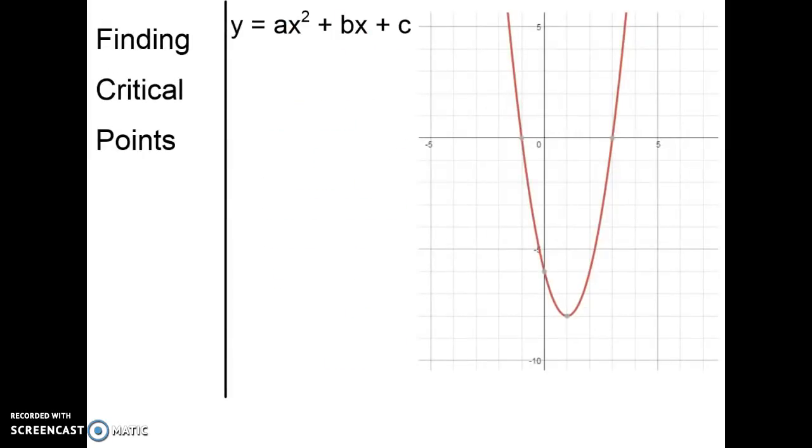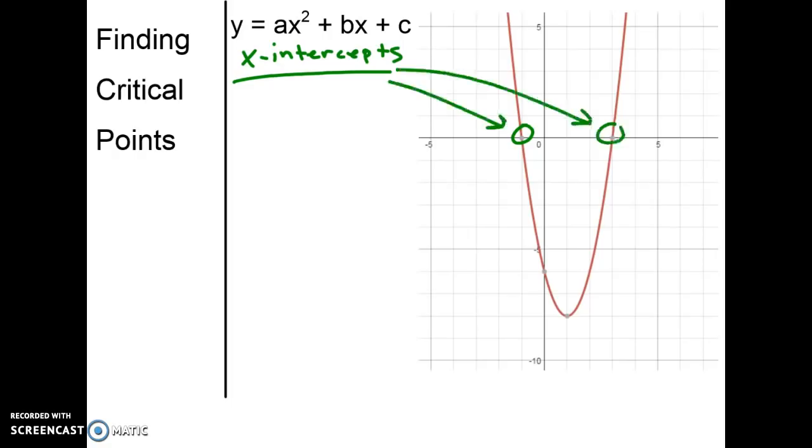We have x-intercepts, y-intercepts, and the vertex. I know this is kind of a review from what we've done in the past, but we're going to have slightly different notes. The x-intercepts would be right here, and I'm going to draw some arrows there. Those are our x-intercepts, and that tells us how many solutions.